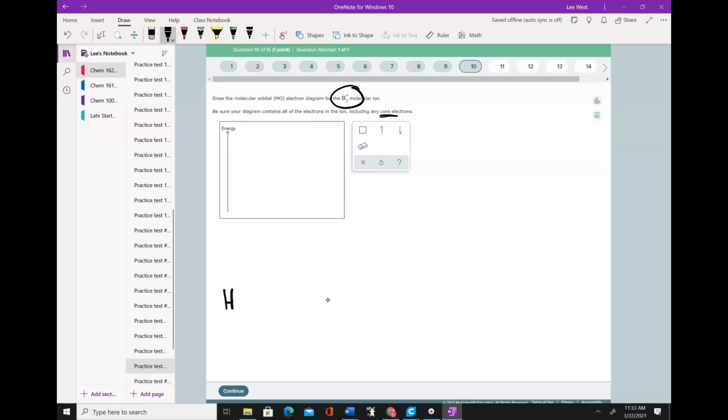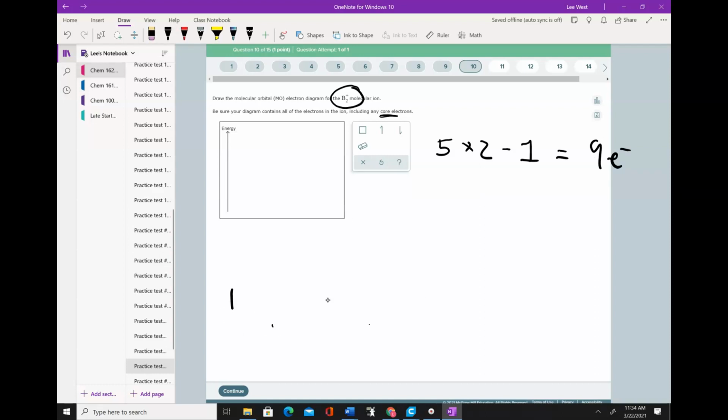The periodic table goes hydrogen, helium, lithium, beryllium, boron, right? So boron has 1, 2, 3, 4, 5 electrons. We've got 2 borons, but then we took 1 away, so that means we've got a total of 9 electrons.